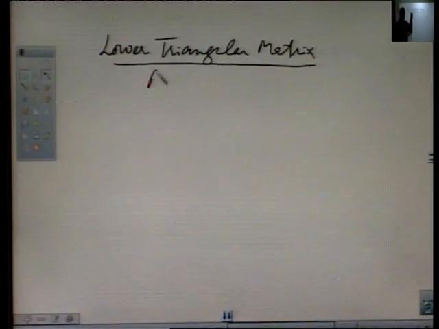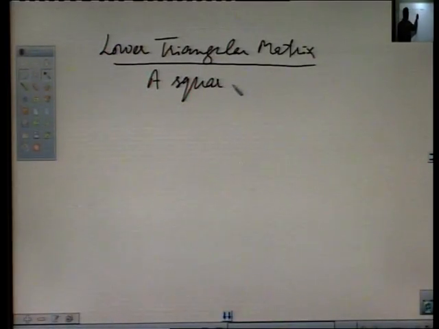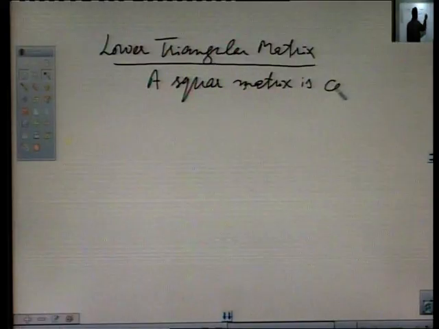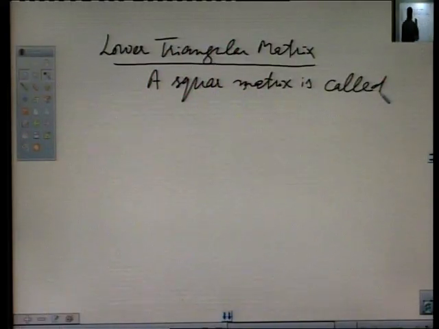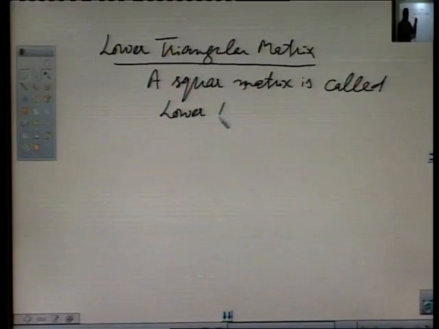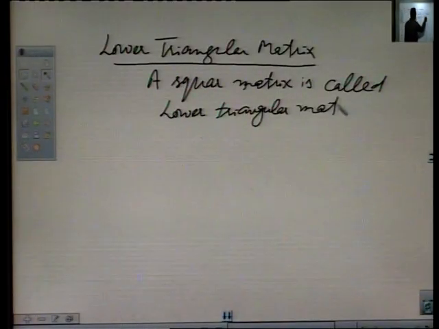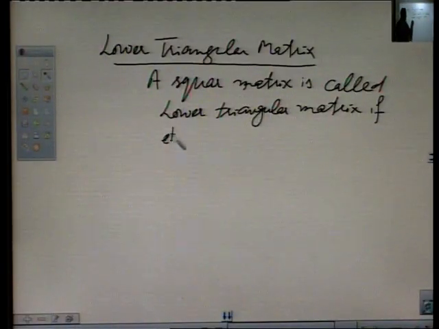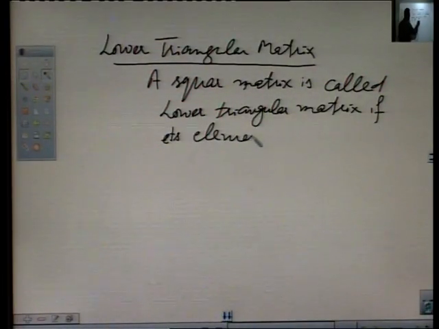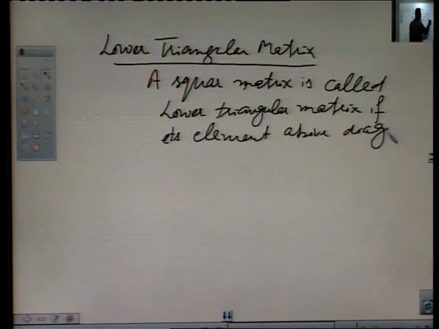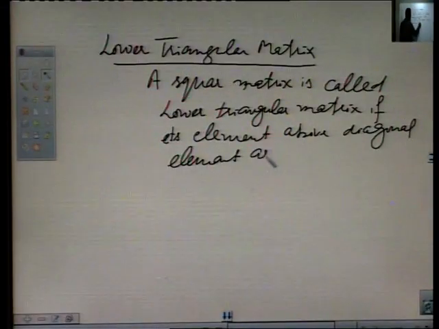A square matrix is called a lower triangular matrix if its elements above the diagonal elements are 0.